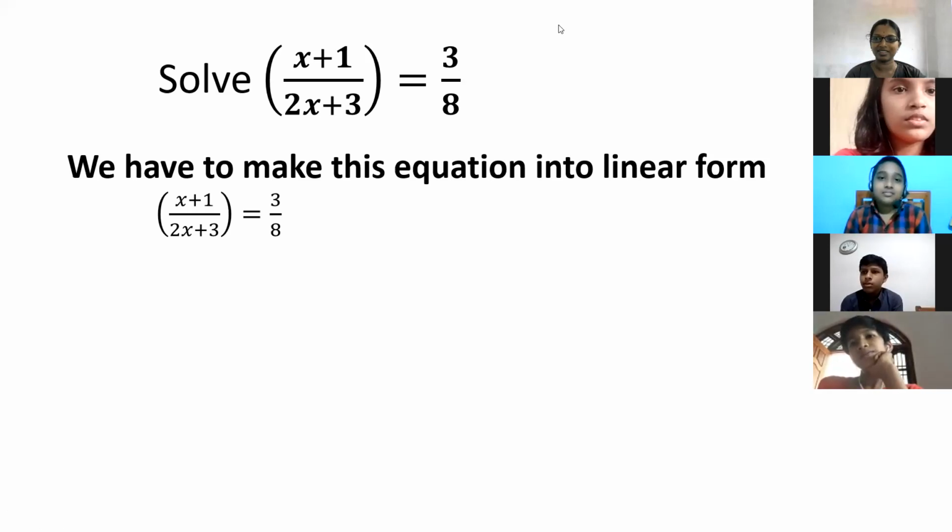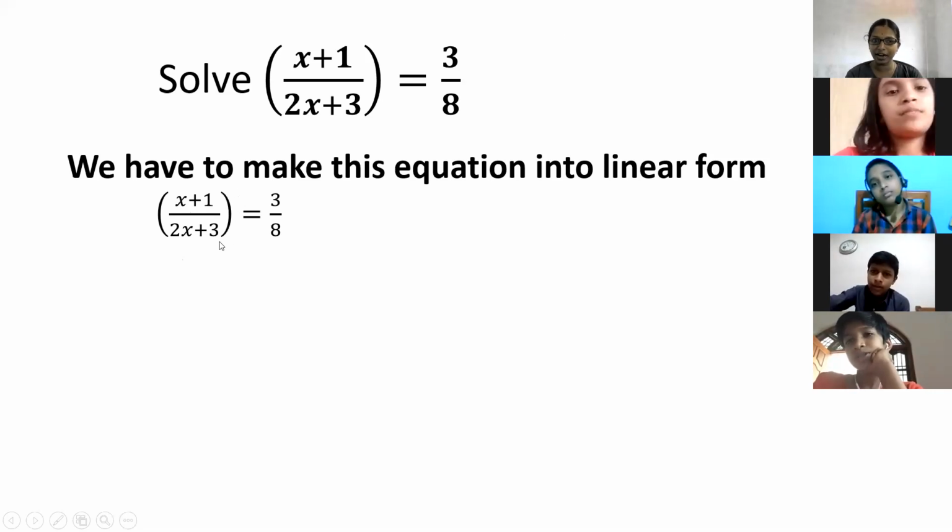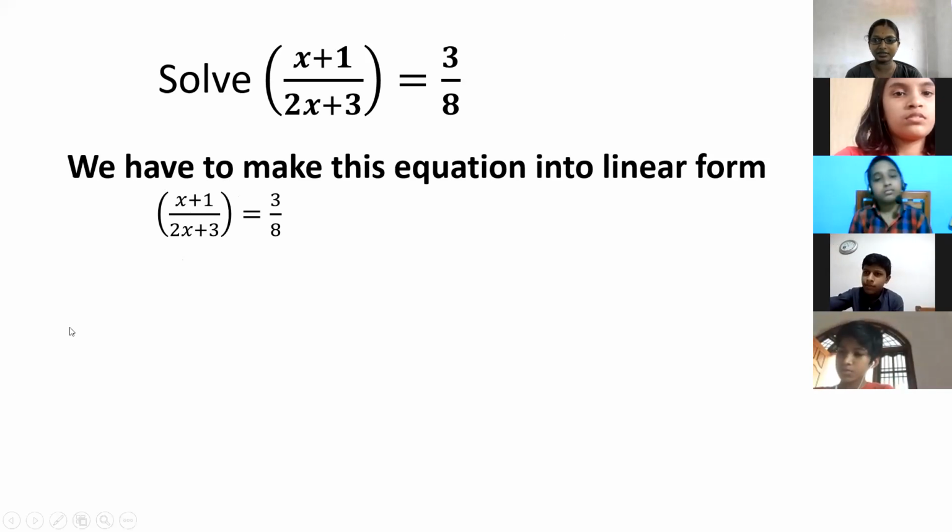Left. Yes, the left hand side of our equation is x plus 1 by 2x plus 3. Okay, that is the LHS of our equation. Good. Then, this is in the form of a rational number.